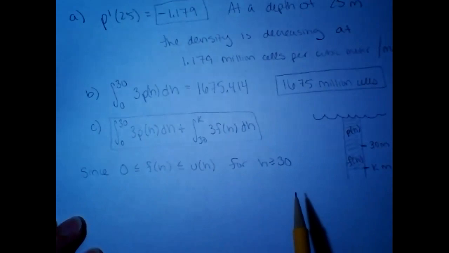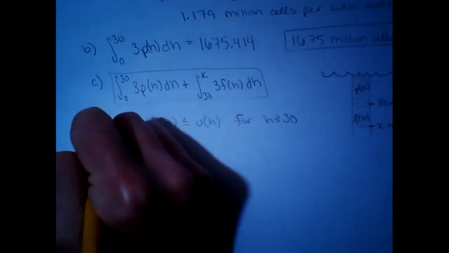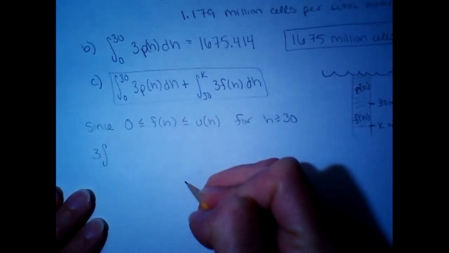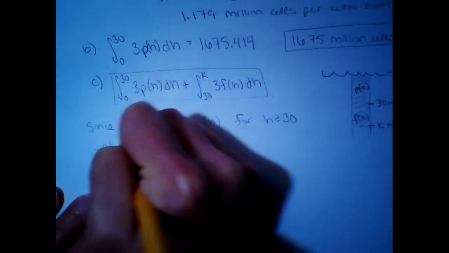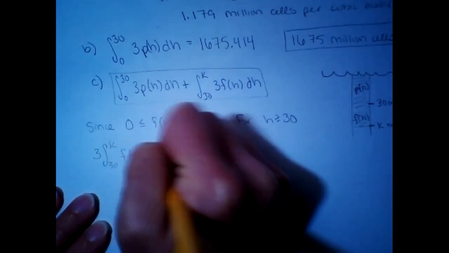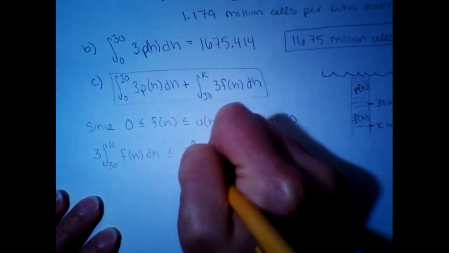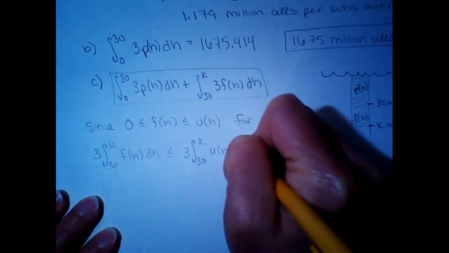All right, so since that is true, I'm going to look at the integrals here. I'm going to bring this 3 out front. 3 and our integral from 30 to K for f of h dh would have to be smaller than 3 times the integral from 30 to K of u of h dh.